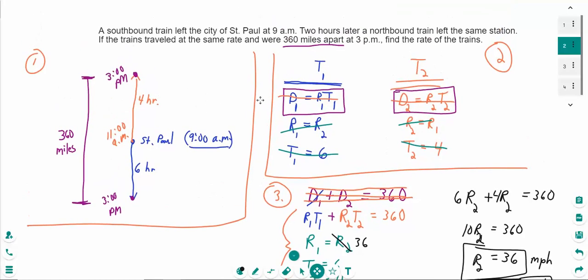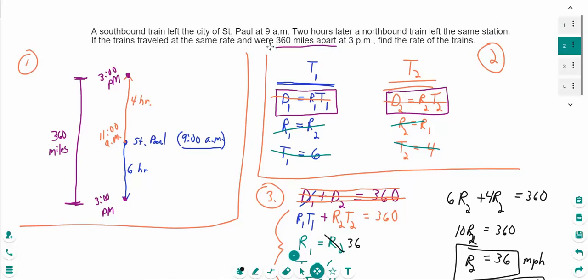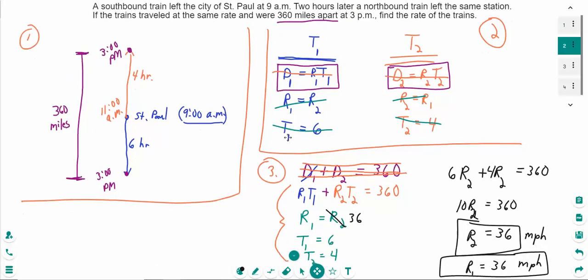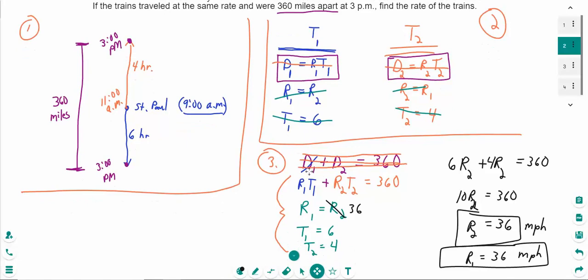All of these problems are going to say something about the total distance. And that's what we're really interested in. So find that total distance and write this problem, this equation. D sub whatever plus D sub whatever is equal to something. And once you have it in that form, just remember that all the D's can be replaced with R times T. All right?